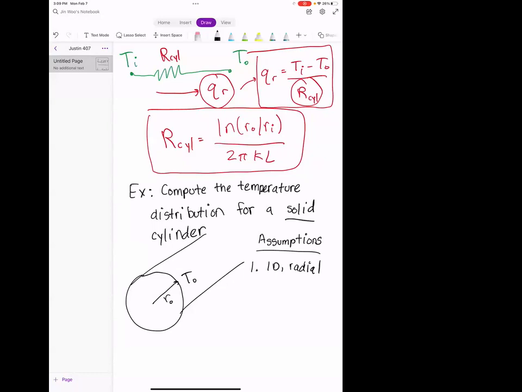One, we have 1D radial. Two, we have steady state. Three, we're going to assume no generation. And that's it.